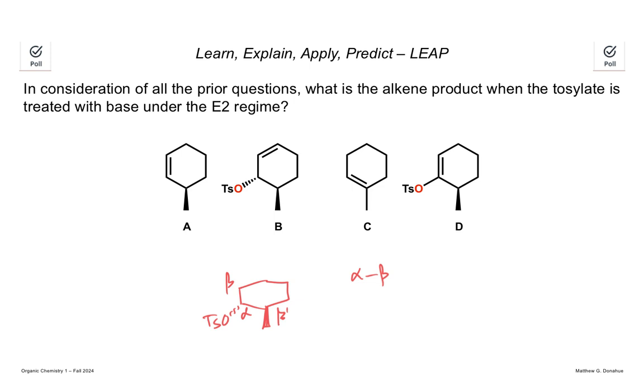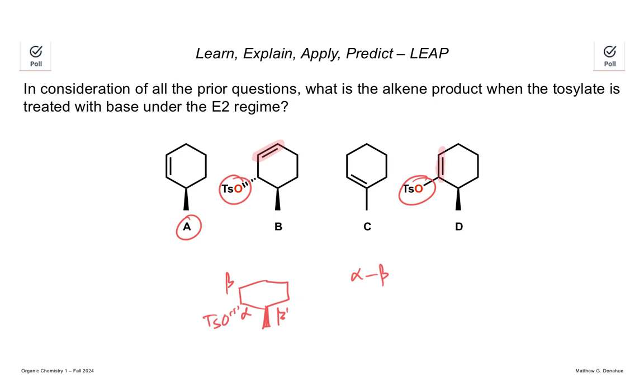So that looks like it's going to be choice A. So B still retains the tosyl, as does D. And then really, choice B is sort of nonsensical in the sense that the double bond is not in the right position from where the H and the leaving group are.